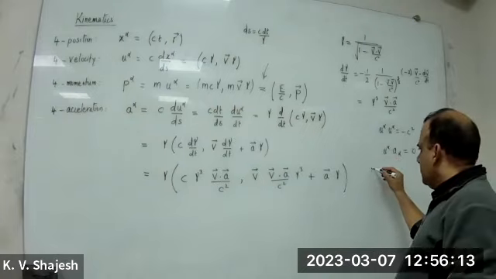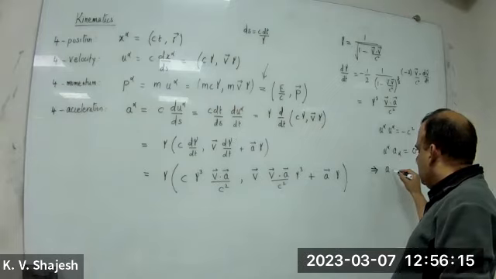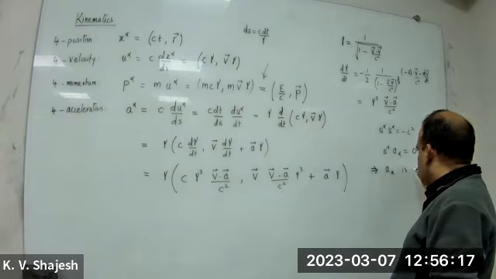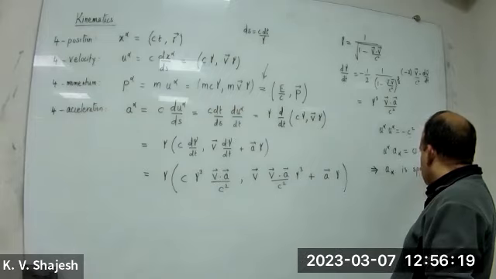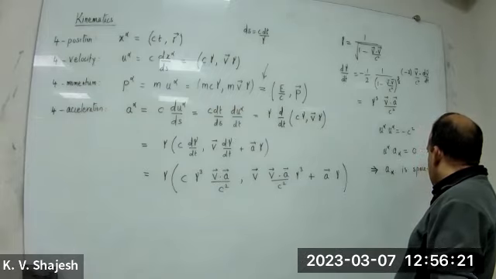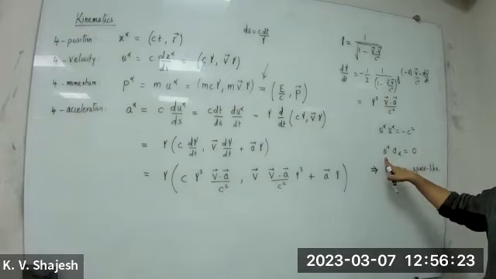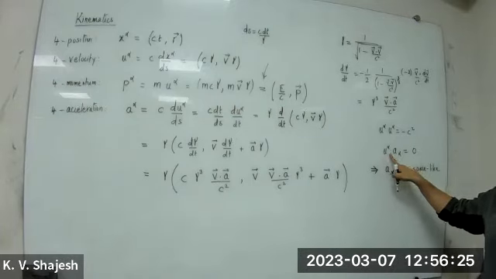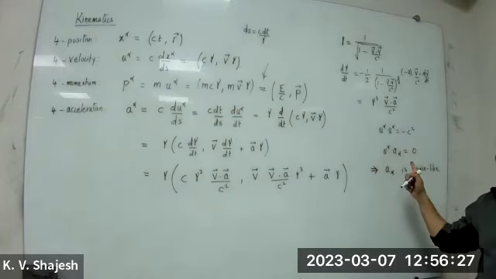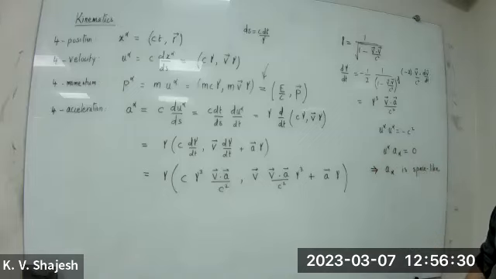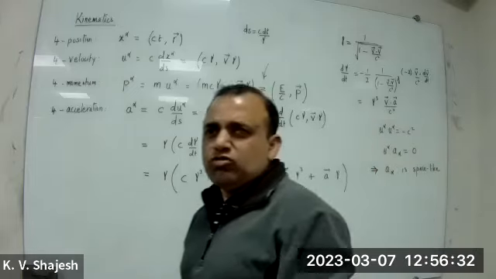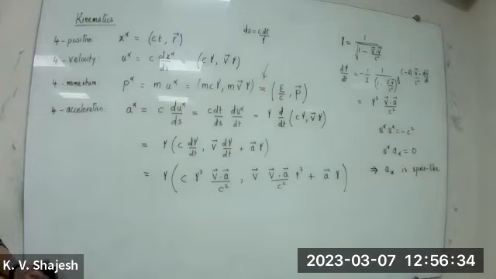This implies that A alpha is space-like. You can go to the rest frame in which there is only U0 in here. U0 times A0 is equal to 0. So A0 must be equal to 0, the time component of A. So A alpha is space-like.